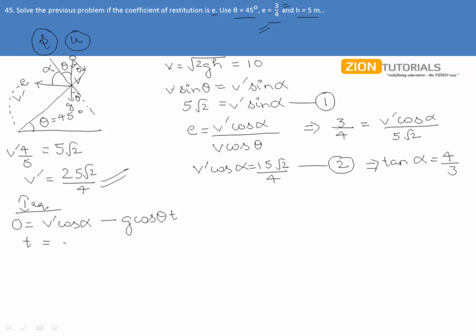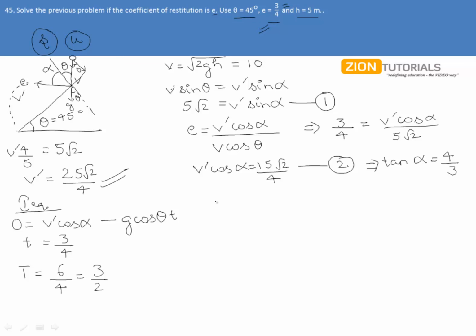Putting the values of V dash, cos alpha, g and cos theta, we get the time to be 3/4. But the time of flight is double of this, because it is the time taken by the ball to reach the highest position, and then it will be coming down. So the time of flight is double of this, that is 6/4, so 3/2 is the total time of flight.